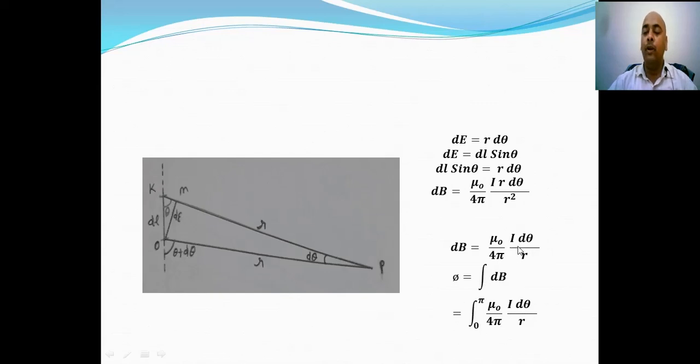and for a conductor of infinite length, the value of theta, as we discussed earlier, will vary from 0 to pi. So the total magnetic field can be obtained by integration from 0 to pi of mu naught upon 4 pi I d theta upon r.